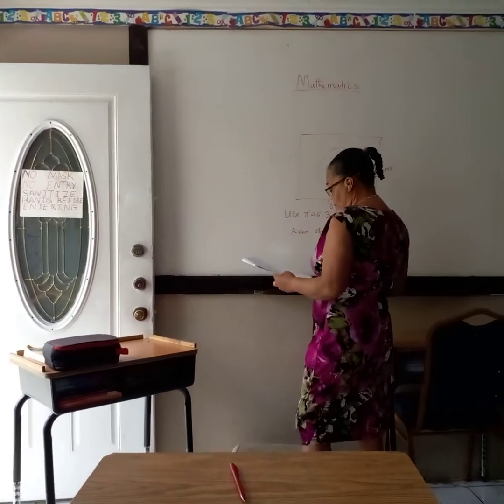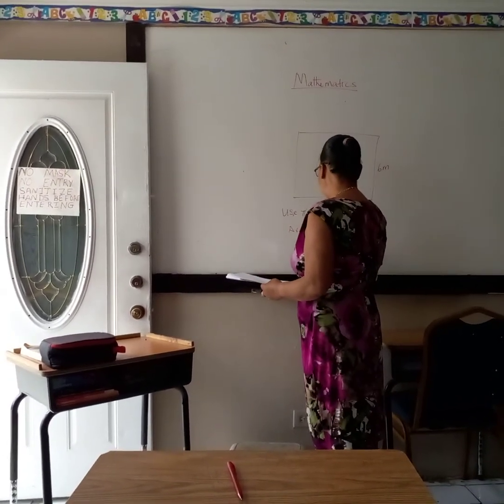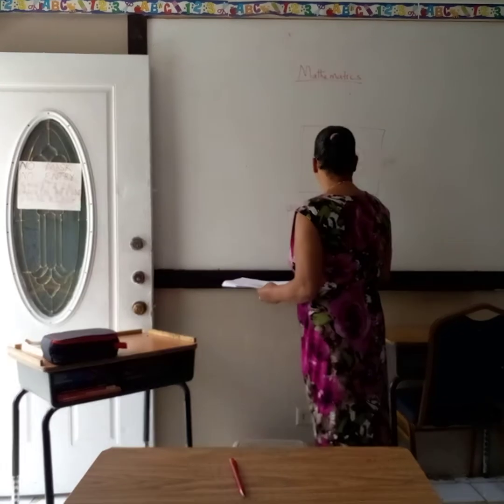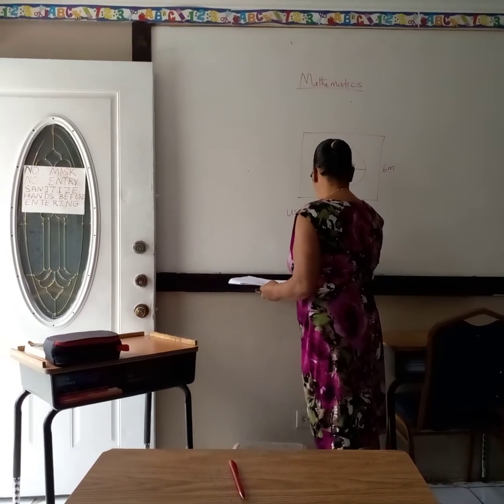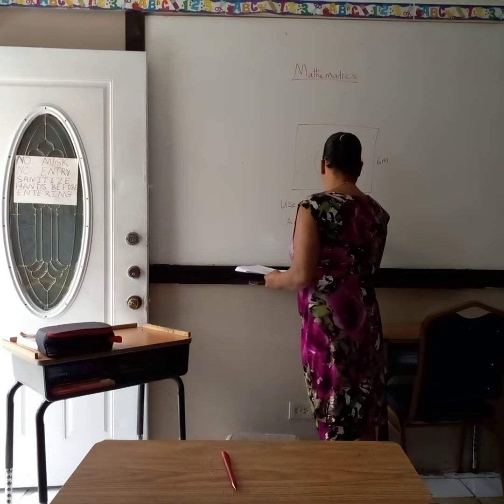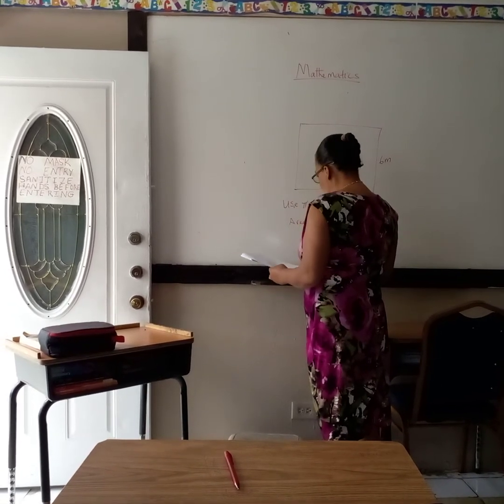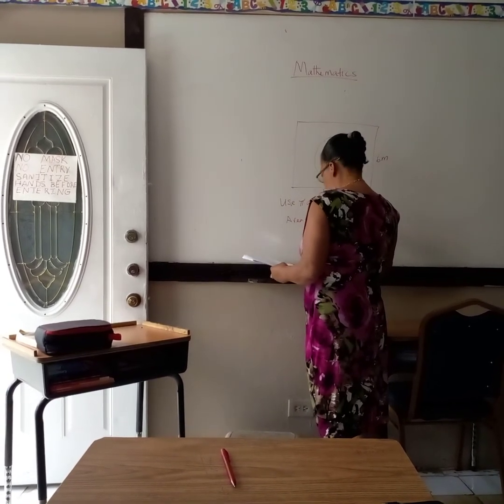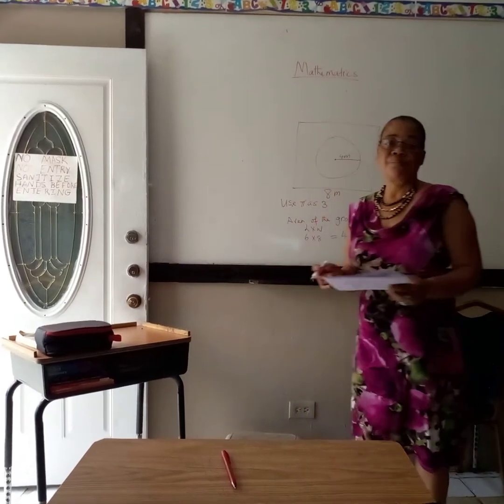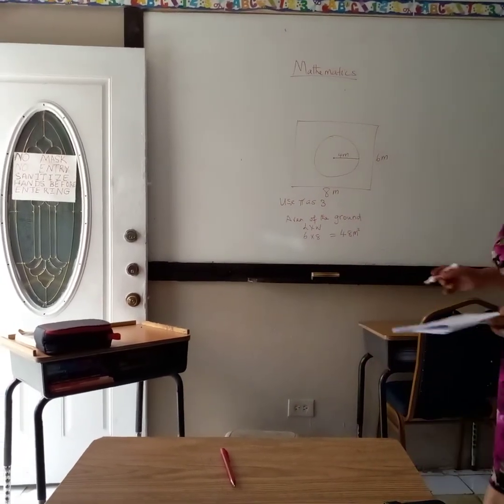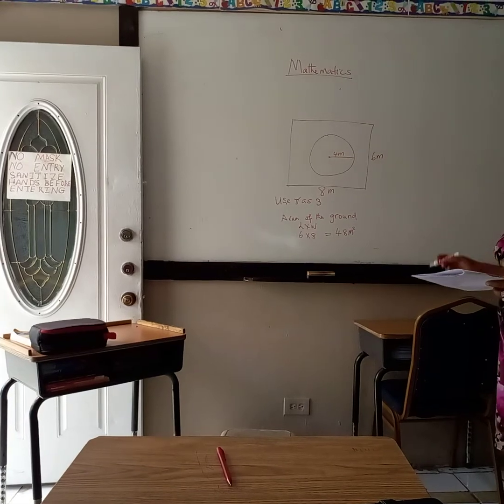So what is the formula? My length times my width. My length of 6 and my width of 8, and it's going to give me 48 meters square. And don't forget to put in the meters square.